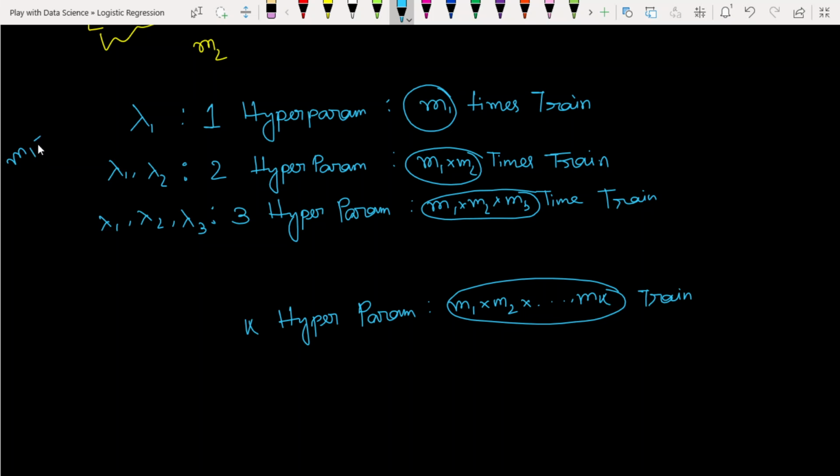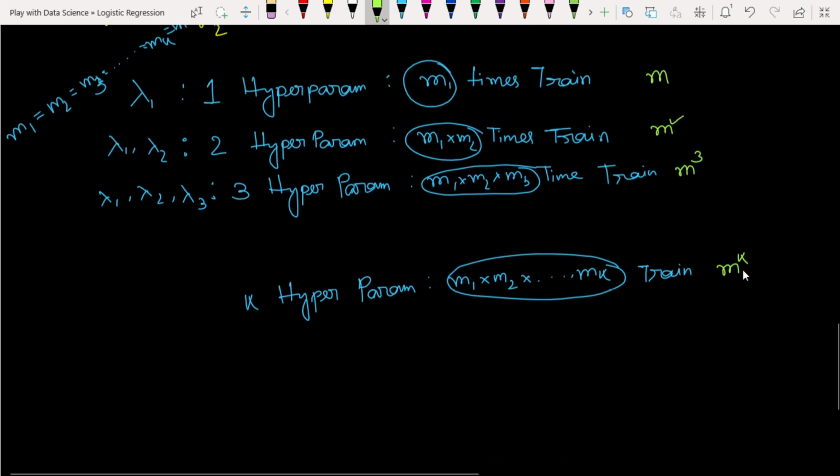Suppose m1 equals m2 equals m3 equals m. If each hyperparameter is divided into the same number of points, then how much time will it take? m, here m square, here m cube, and m to the power k times it will take.